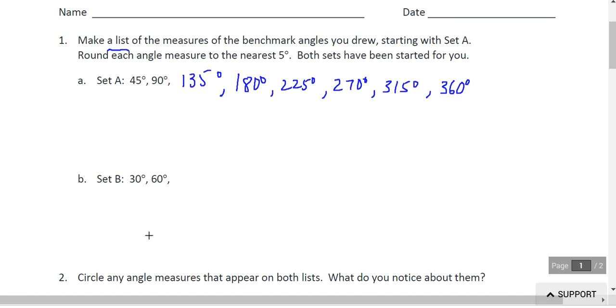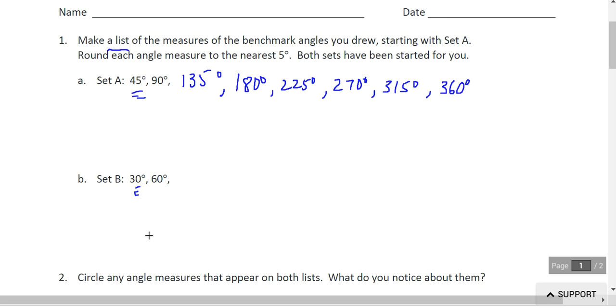Okay? And in set B, we're going to be doing 30-degree angles and adding 30 degrees every time. This is sort of like, what was that we were doing? It wasn't factors, it was multiples, because this is really multiples of 45, and this is going to be multiples of 30. And it's kind of the same idea.